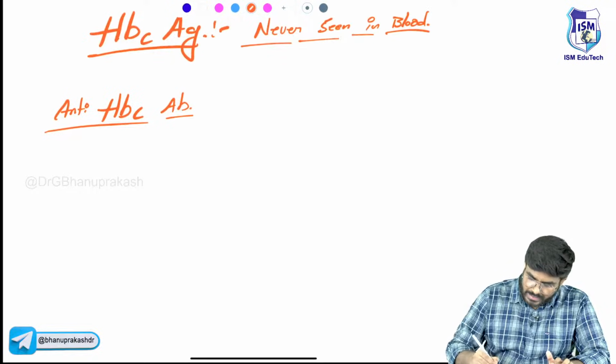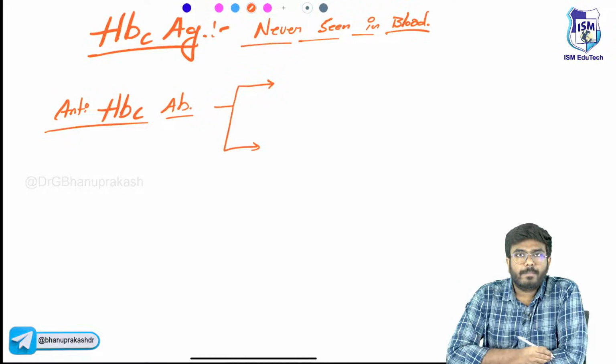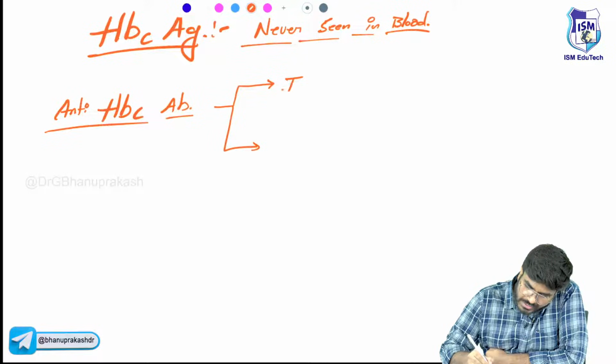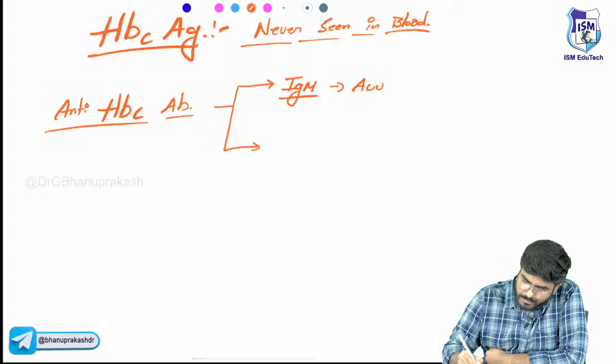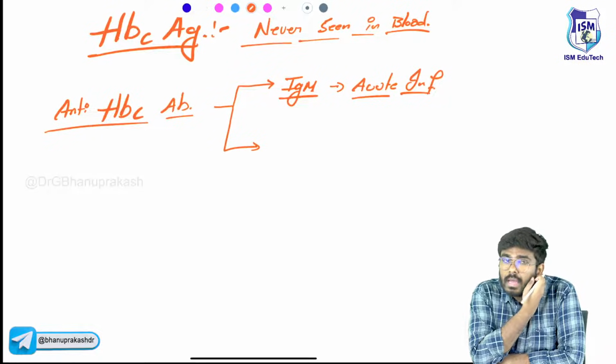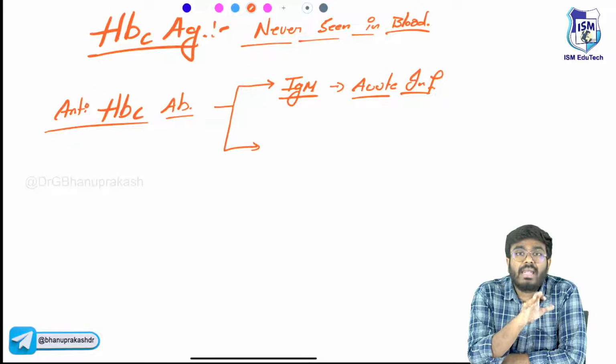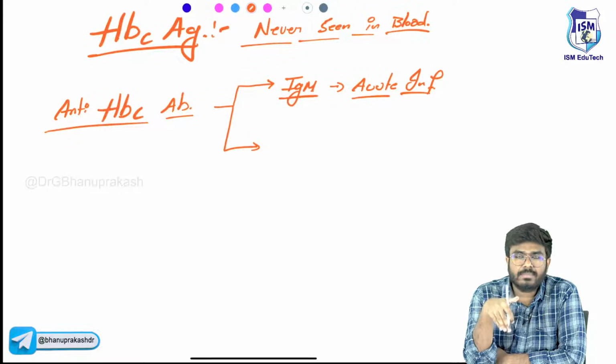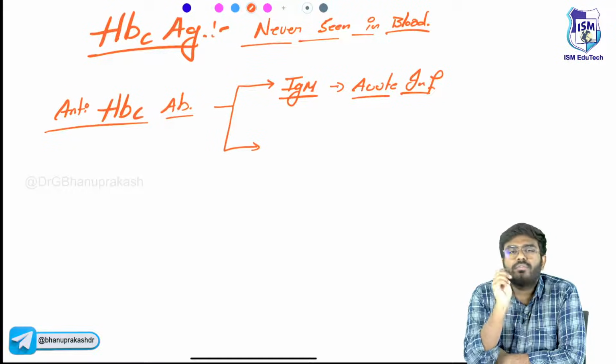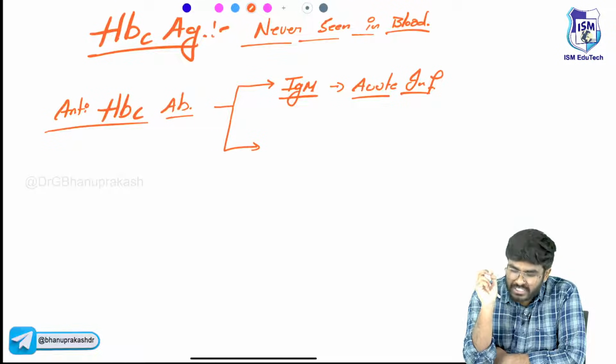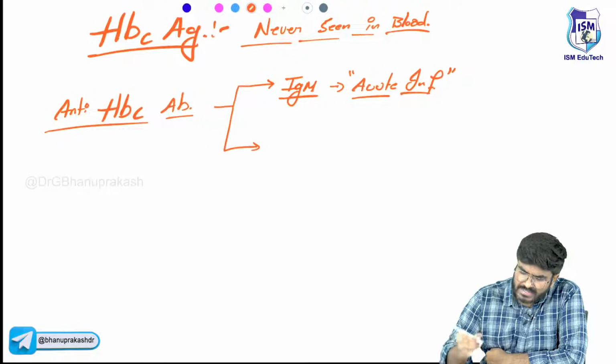These anti-HBc antibodies are of two types. The IgM variety is seen during acute infection. The C means the core, so if you see core antibodies of IgM type, that indicates acute infection.